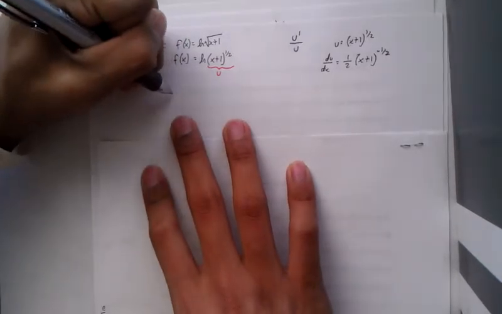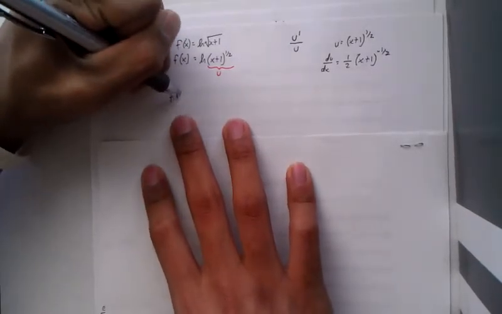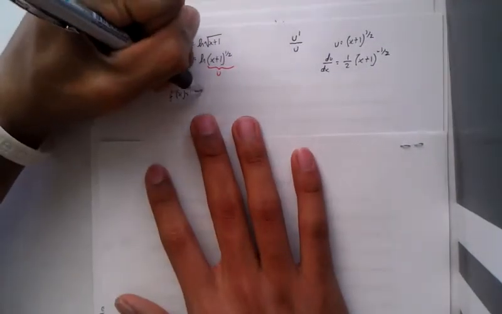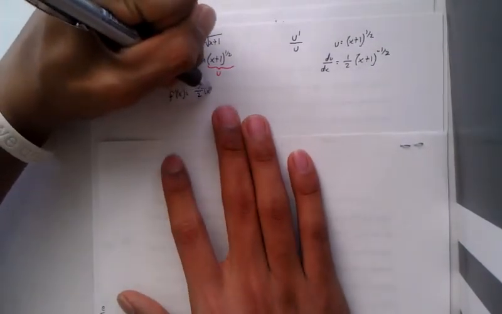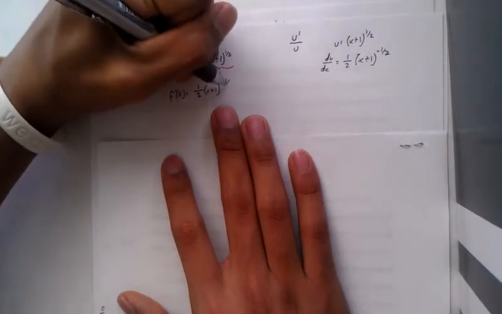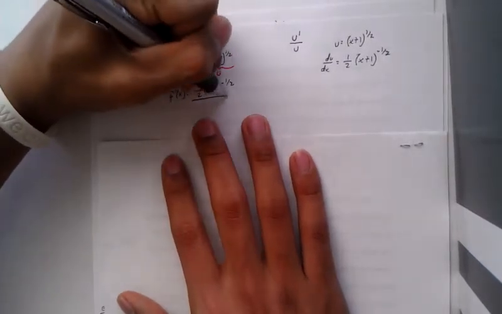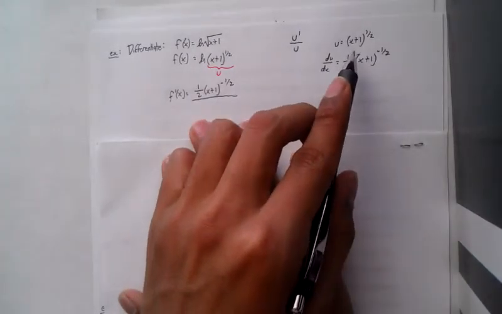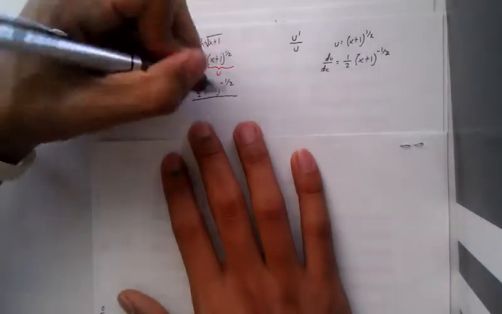So that means that f prime of x is going to equal 1/2 x plus 1 to the negative 1/2 all over, we're going to put it over our u, which is just x plus 1 to the 1/2.